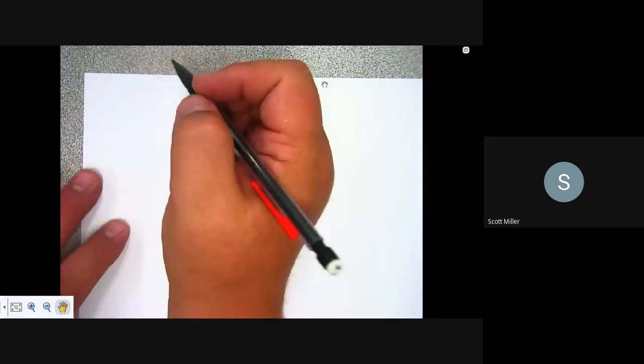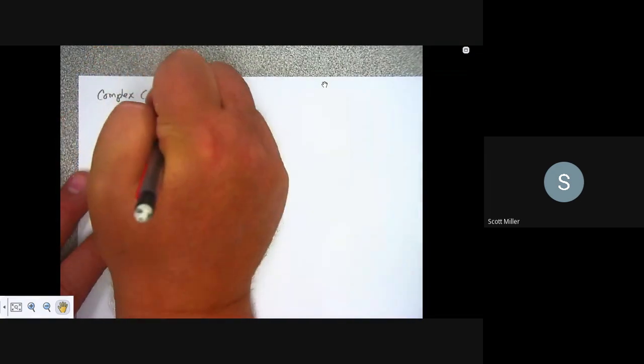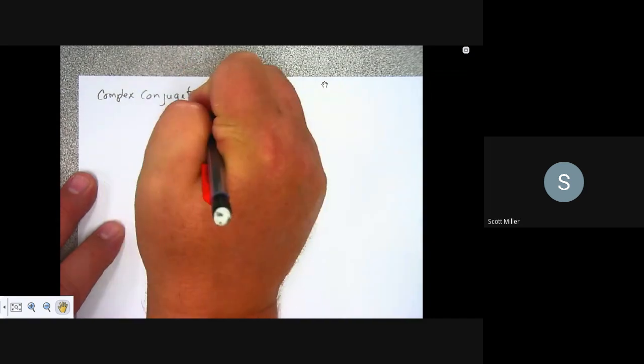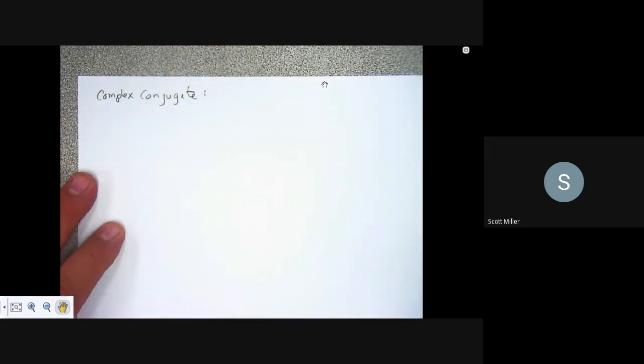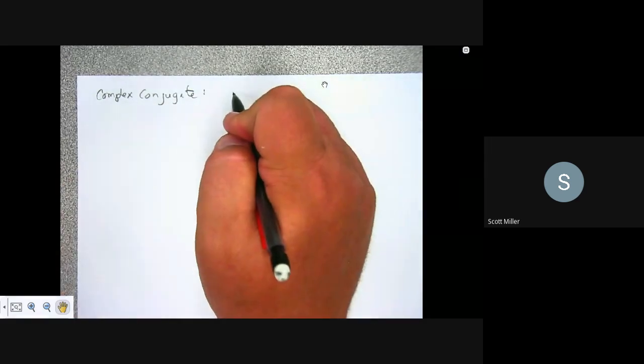So what's next? Well, before we do division, which is what you probably were thinking, I need to talk about this thing called a complex conjugate. This conjugate term is going to come up quite often. This is what it looks like for a complex number, a complex conjugate. It's literally just this right here.